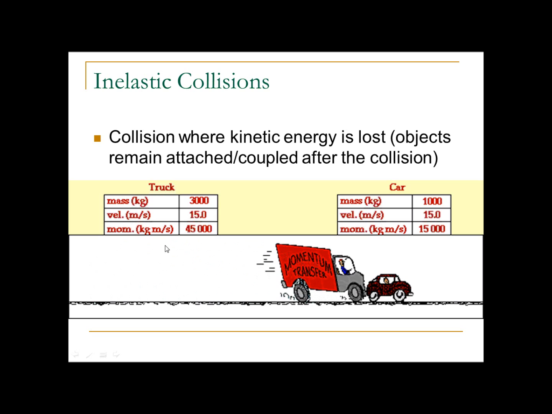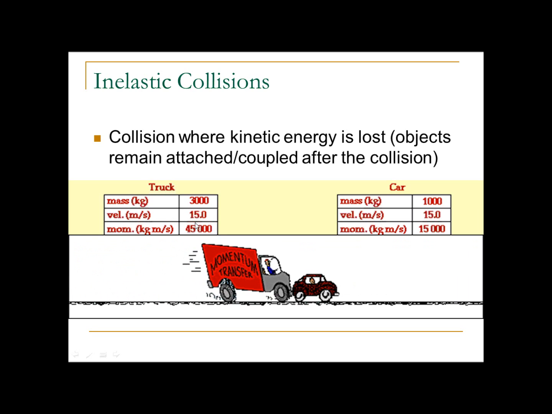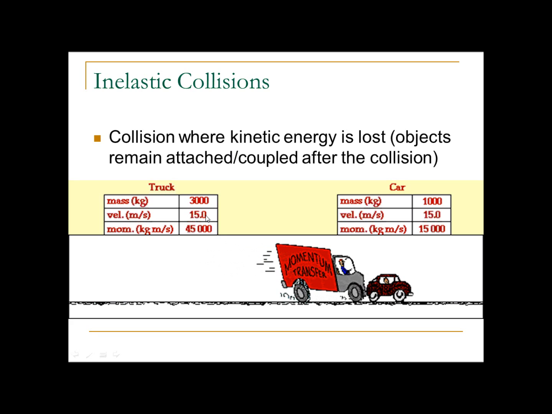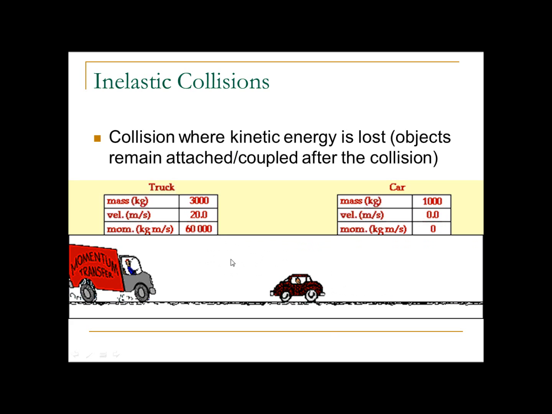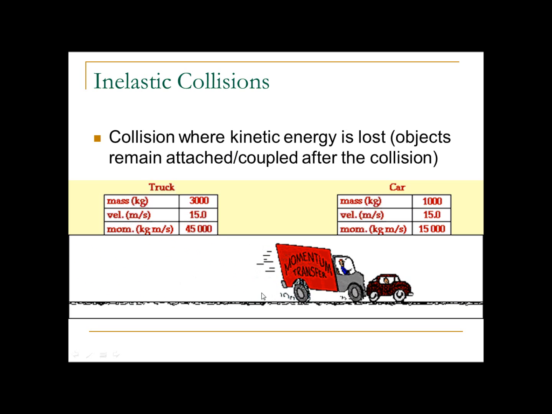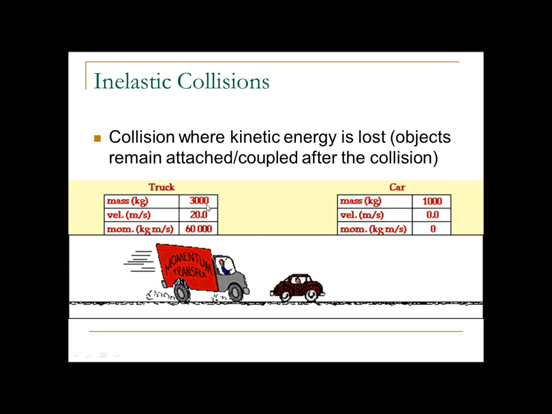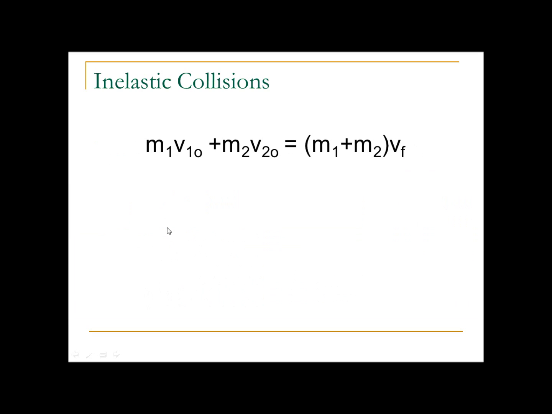And what I want you to notice is initially the truck's going 20. After it hits the car, it's now going 15. So whenever they couple together, since this one is not moving, this one is moving, it's going to slow down in terms of the grouping of them together. So for inelastic collisions, this is our equation. This side is the same. We start with two different objects.